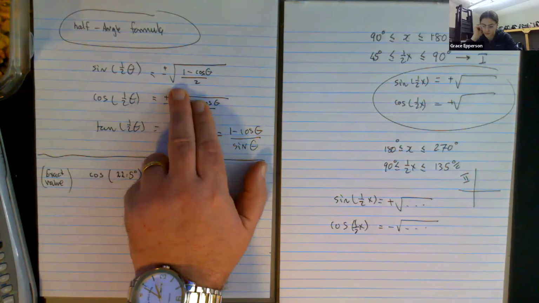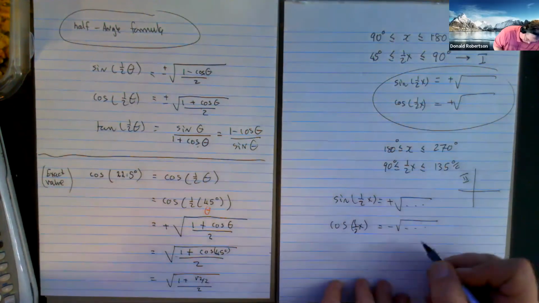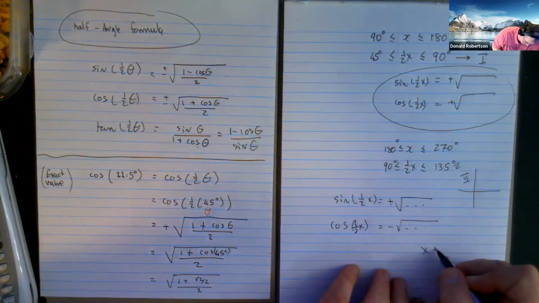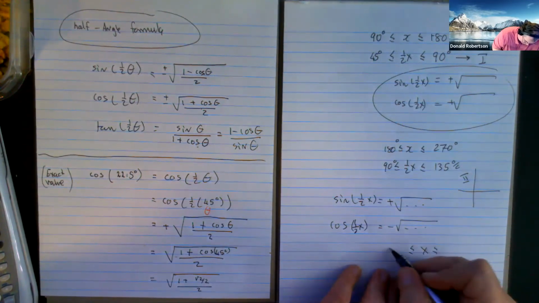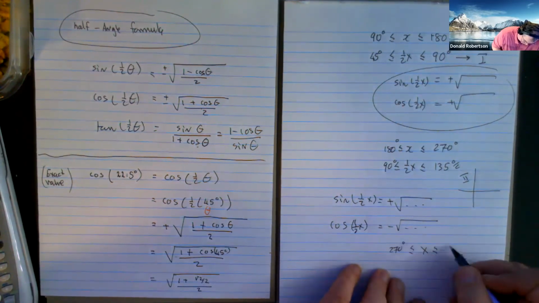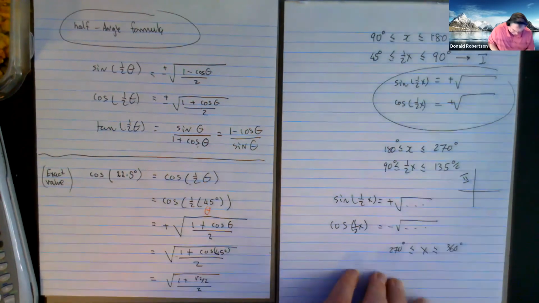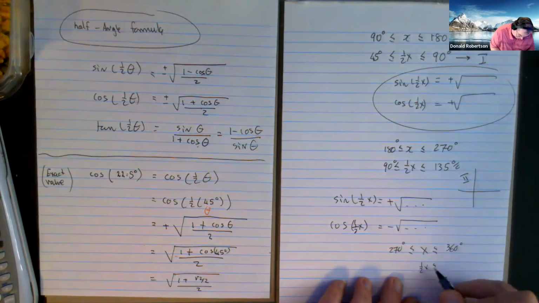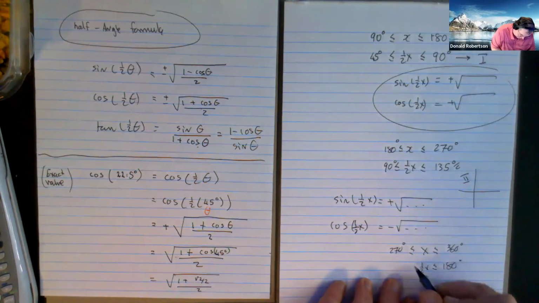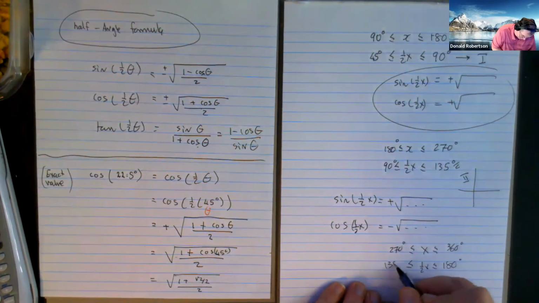Now, the last permutation would be maybe something like this. Suppose X was in the range 270 to 360 degrees. In this case, won't half X be between 135 and 180 degrees?